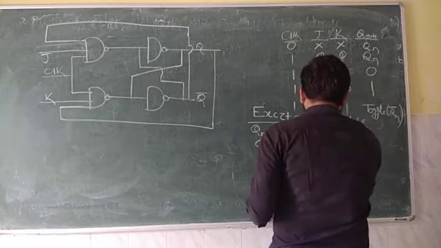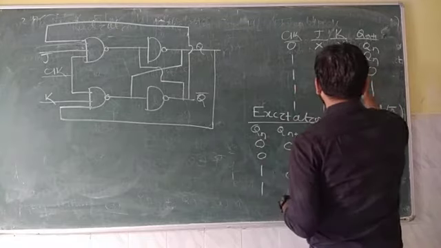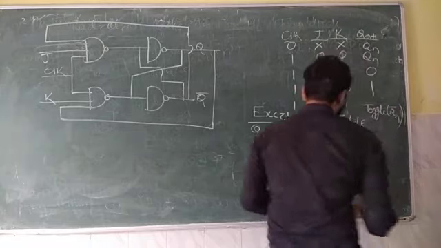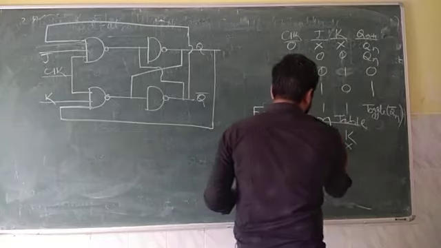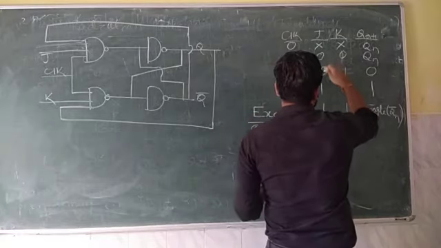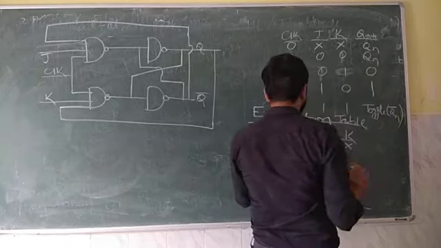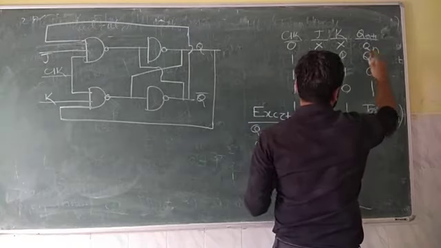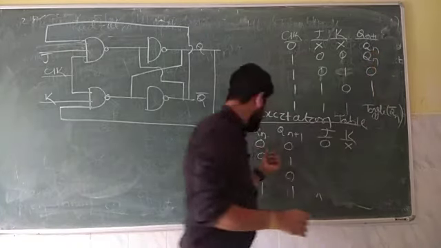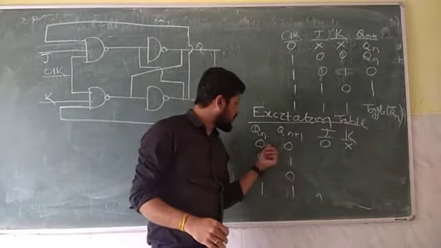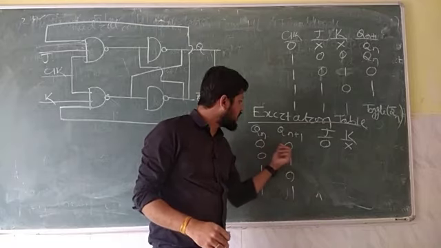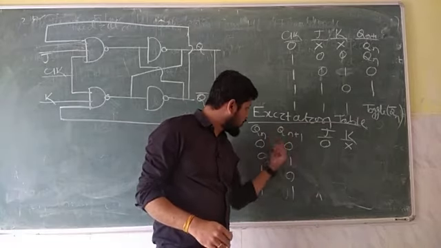J is constant here at 0, but K is changing from 0 to 1. That's why this is don't care. You can see here J is 0 when Qn plus 1 is 0, and Qn plus 1 is equal to Qn, because 0 0 means present state is equal to next state, and also your output Qn plus 1 is 0.